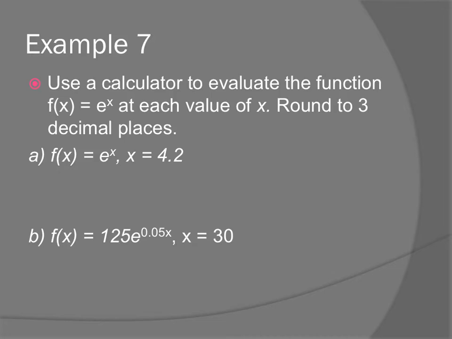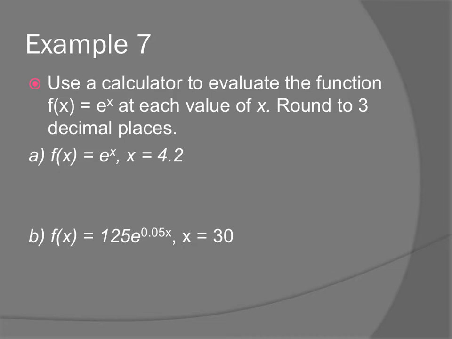All right, so it says use a calculator. Example 7 says use a calculator to evaluate the function f of x equals e to the x for each value of x, and then round it to 3 decimal places. So again, graph and calculator, find your ln button. Above your ln is your e to the x.